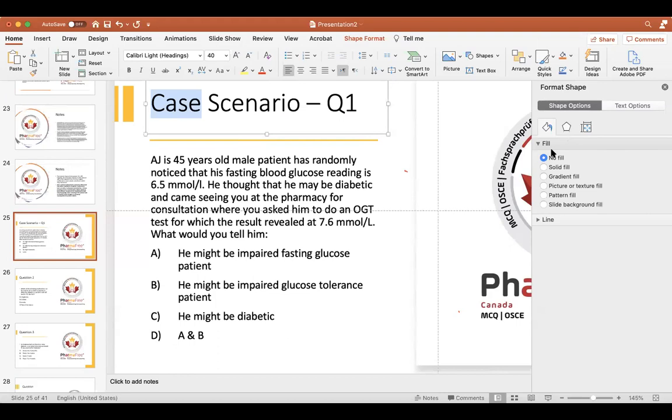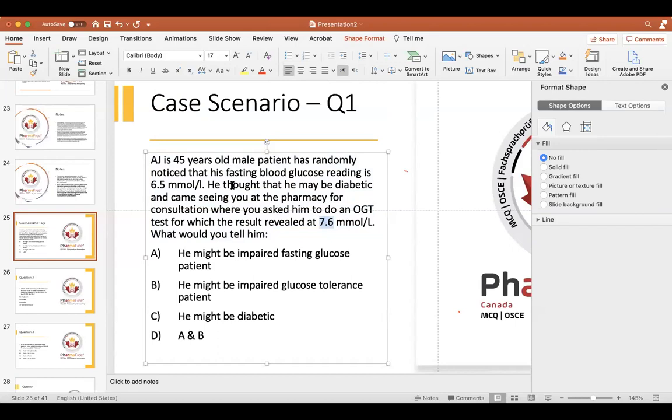Perfect. Okay. What we have here, my friends, are two readings. The fasting one, which is 6.5, and the OGTT, which is 7.6.